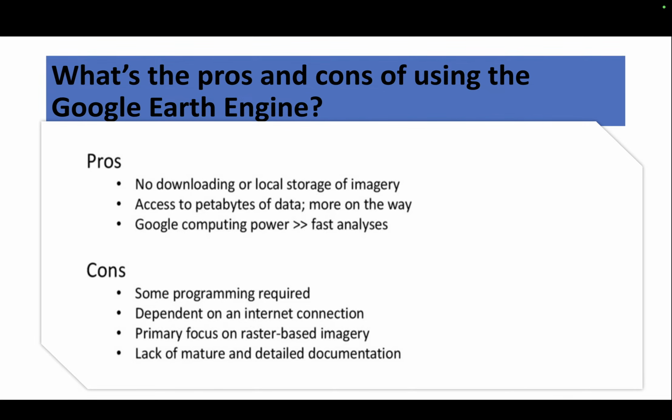And you get access to petabytes of data or more on the way. Google computing power is very fast, so you can easily calculate a lot of datasets, suppose more than 100,000, very quickly because Google computing power is very fast.